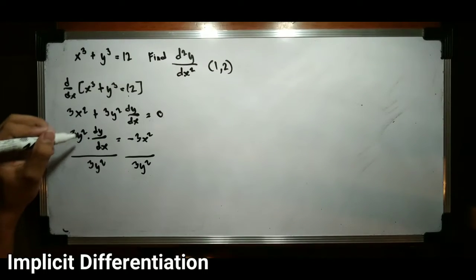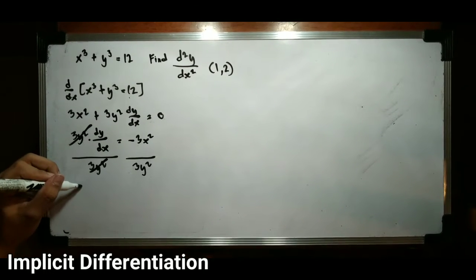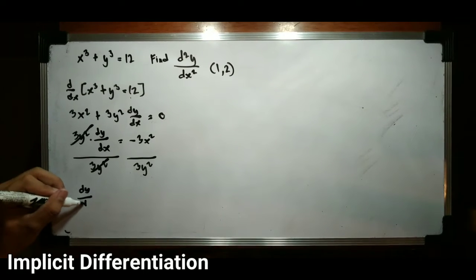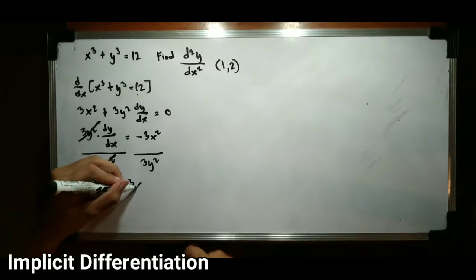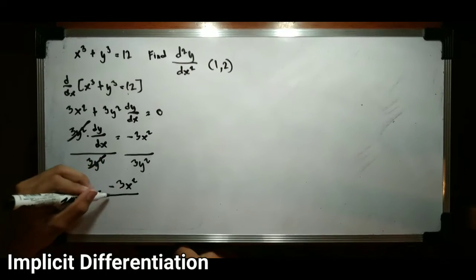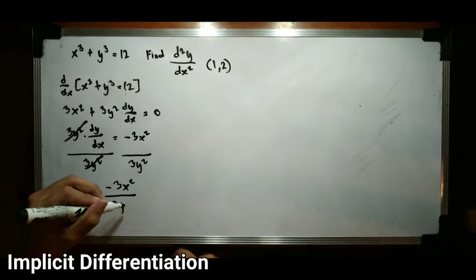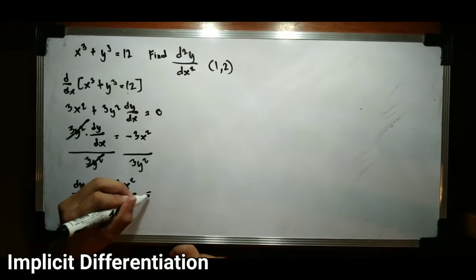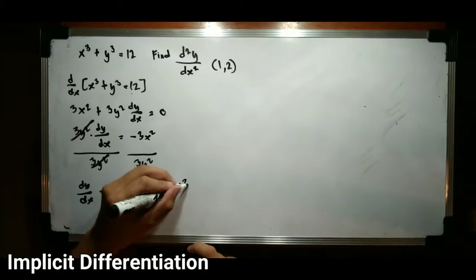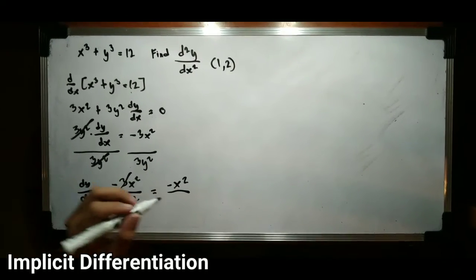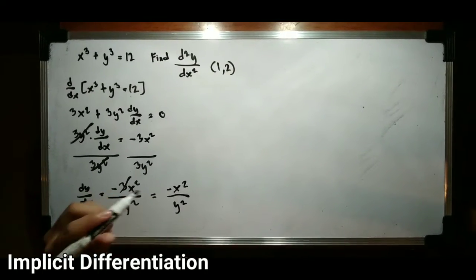So this will be cancelled, and all that is left is dy over dx is equal to negative 3x squared over 3y squared. To simplify it further, let's cancel 3. This will become negative x squared over y squared.